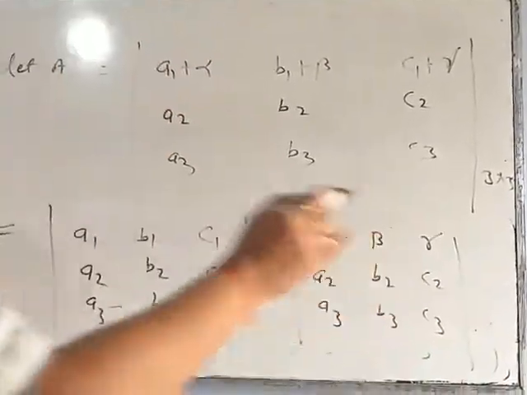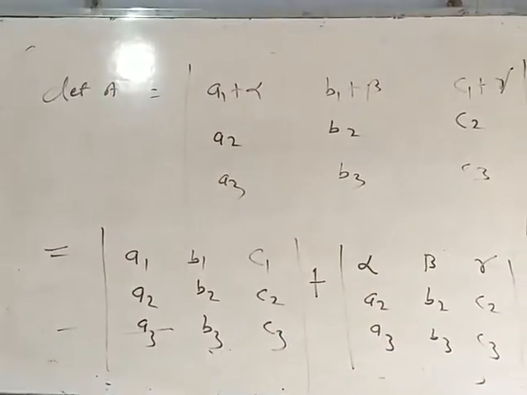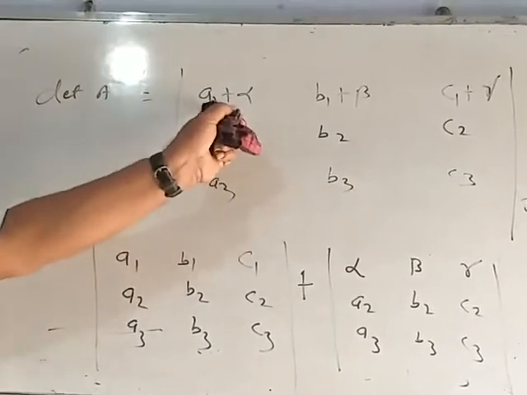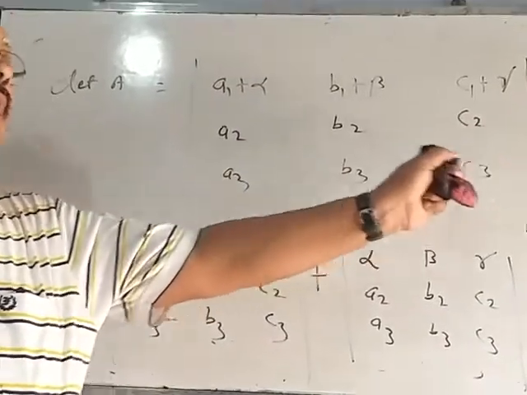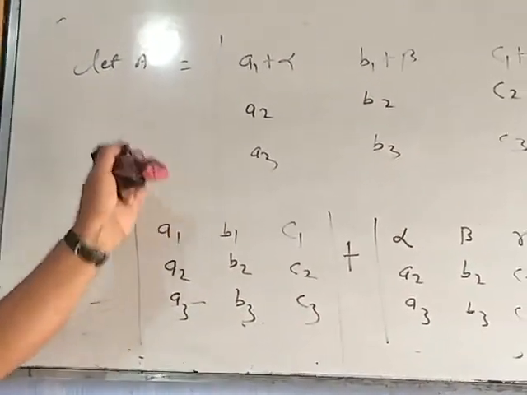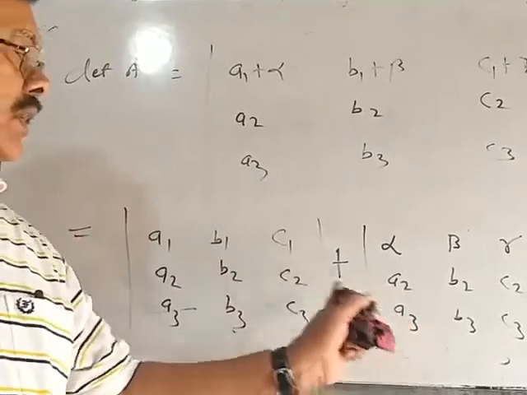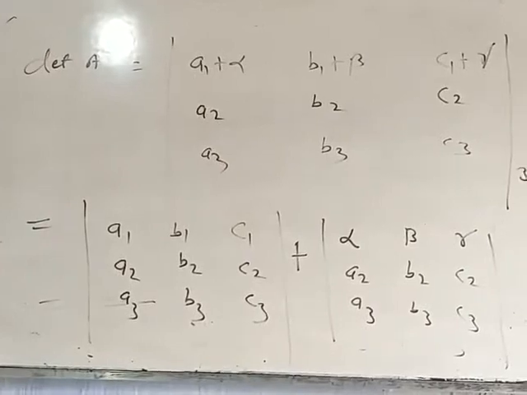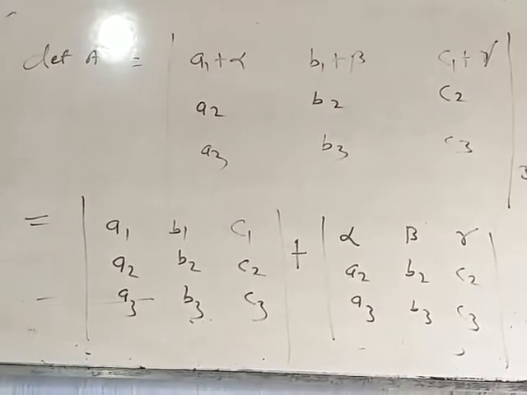So it is expressed as the sum of two determinants in this manner. This is the fifth property of determinant.